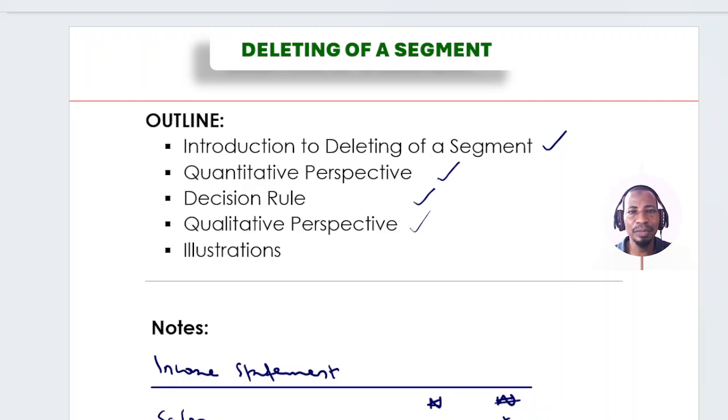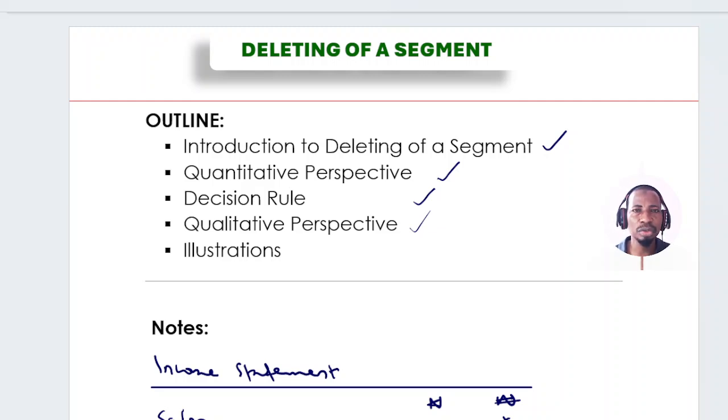Under the quantitative perspective, the most important thing to do is to compare the sales value versus relevant cost of making the affected segment, whether it will produce a positive or negative contribution to the organization, using contribution margin approach or income statement.